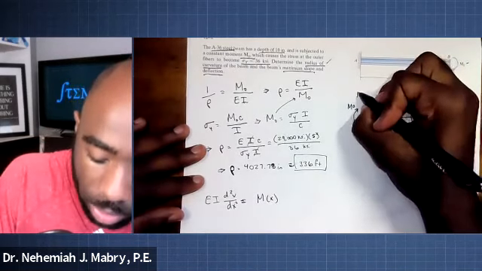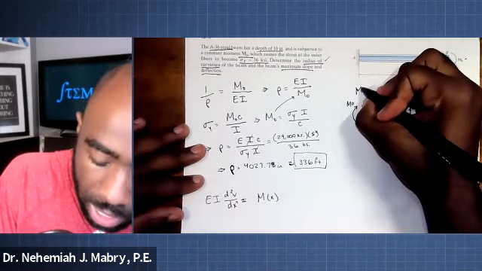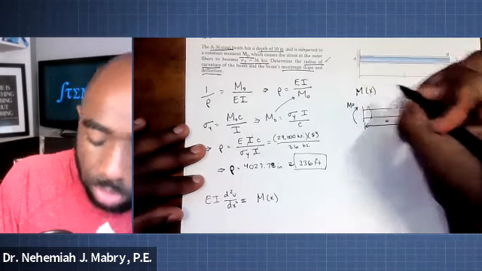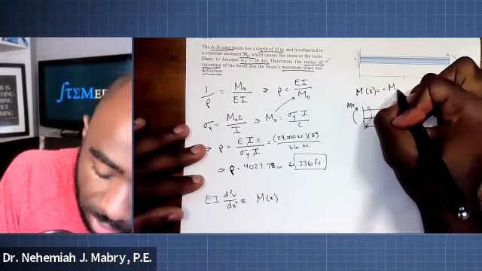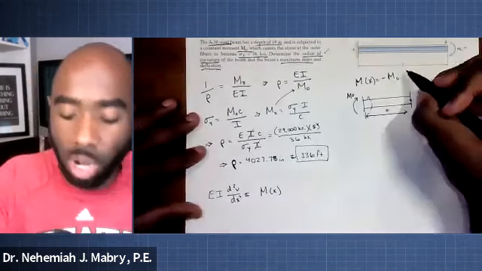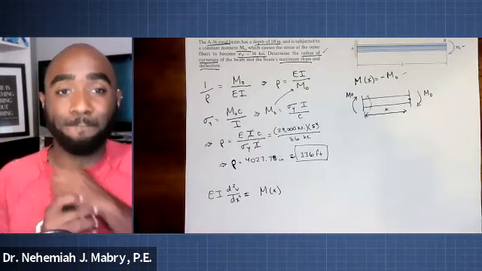So we will write M sub x, this equation, M in terms of x, as equal to negative M sub naught. That is our equation that we're starting with.